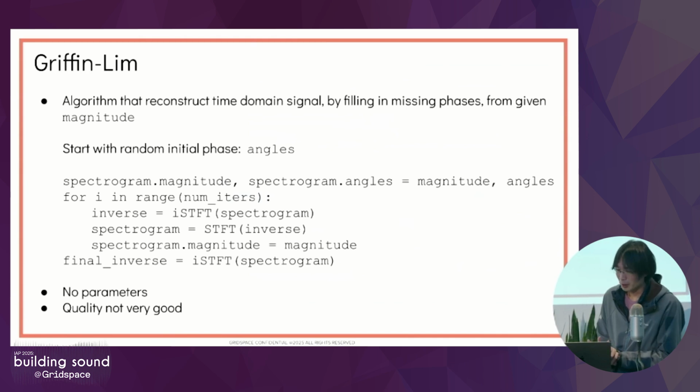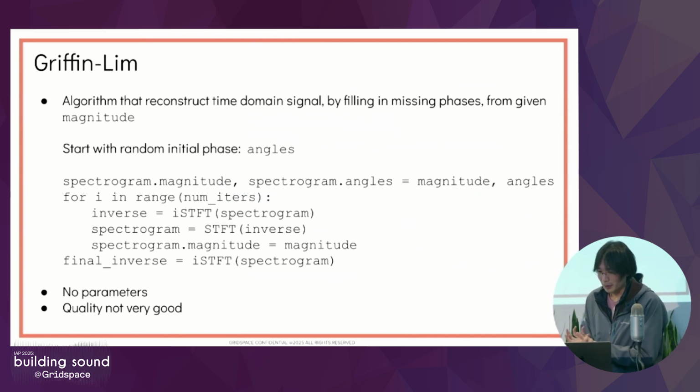So you're given a MEL spectrogram, which is basically the Fourier transform of your audio without the phases. You only take the magnitude. So what you want to do is to fill back the phases into the magnitudes.